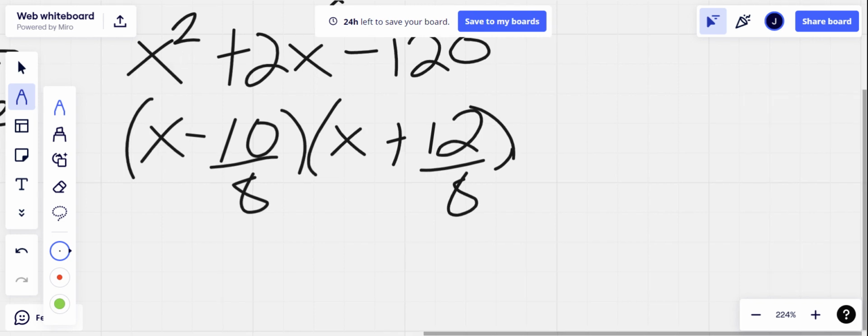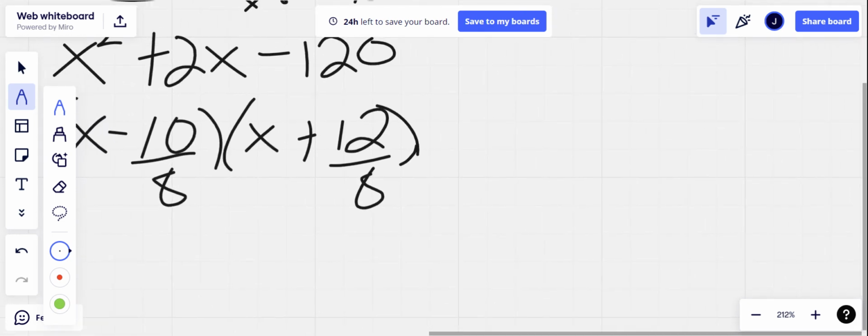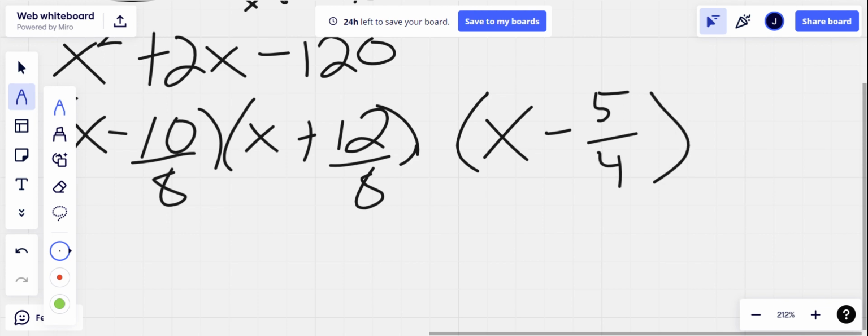Let's go ahead and reduce it and rewrite it. So I'm going to have x minus, what's 10 divided by 8? I'm going to have 5 over 4. And I'm going to have x plus 3 over 2.